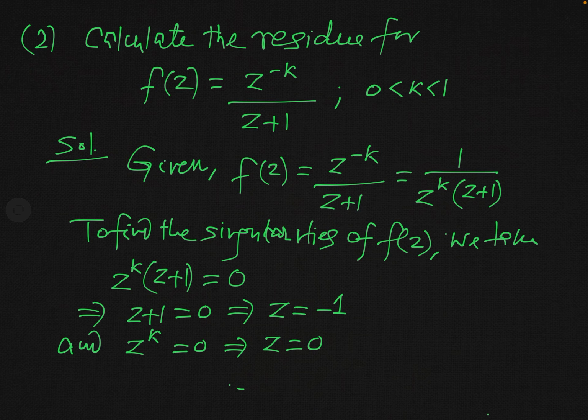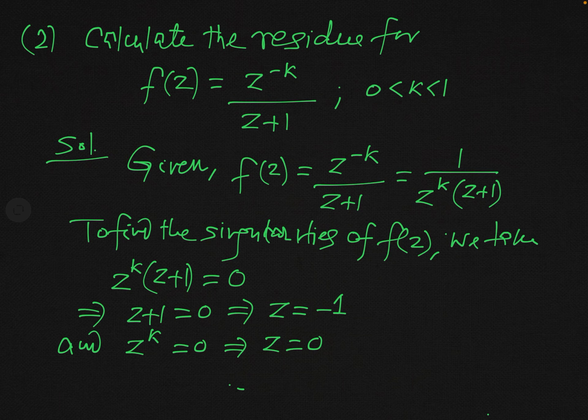So you have seen how we can find the residue of a function when the pole is of an arbitrary order. Now let us take another important example. In this example, the given function f of z is equal to z to the power minus k over z plus 1, and here the value of k lies between 0 and 1.